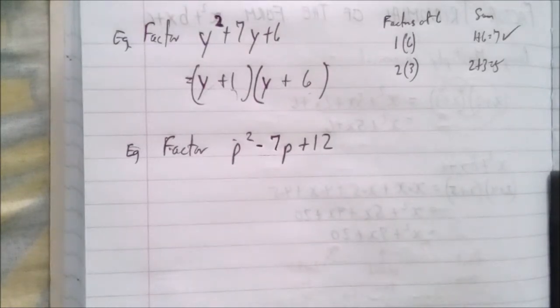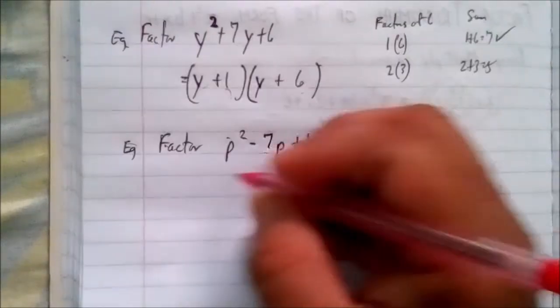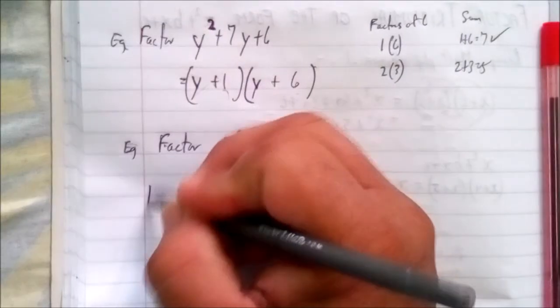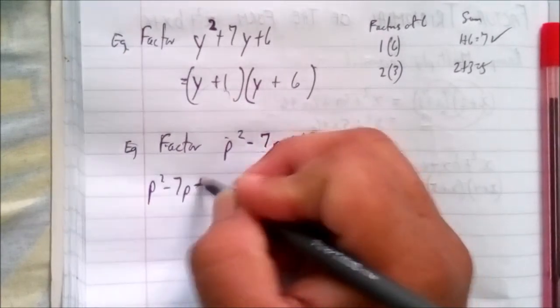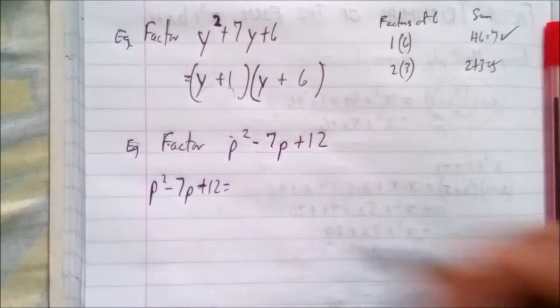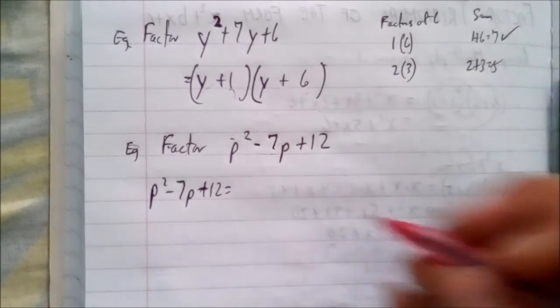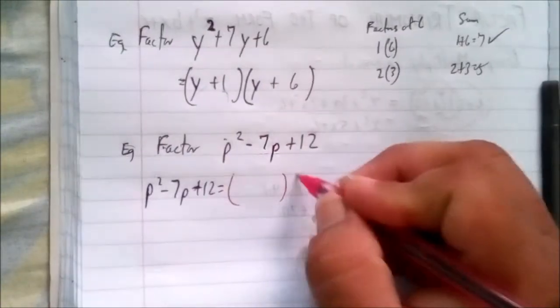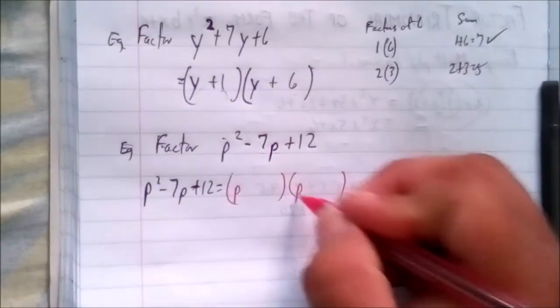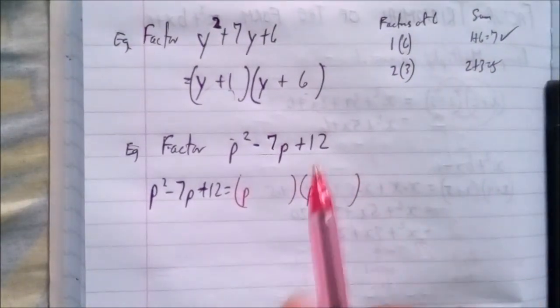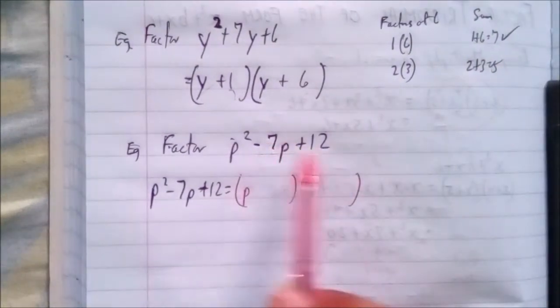So let's see. I have now, let me write it here, p squared minus 7p plus 12 equals. I know for a fact that this first term here will be p times p. So we finish with that part. The only question now is this negative 7 and 12.